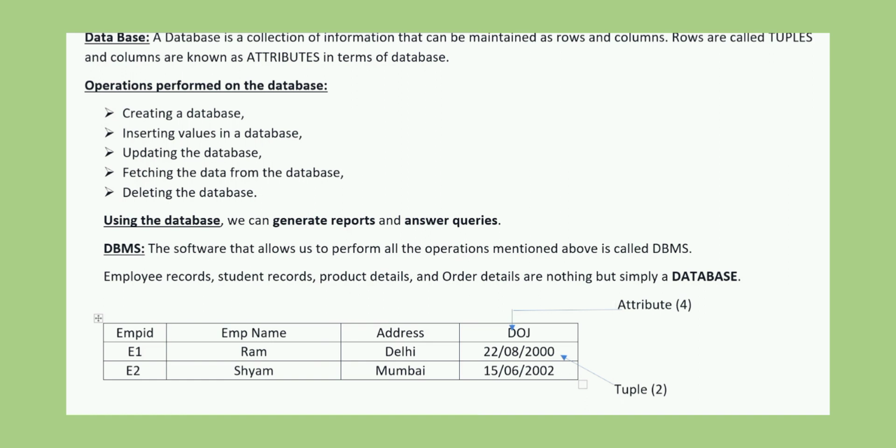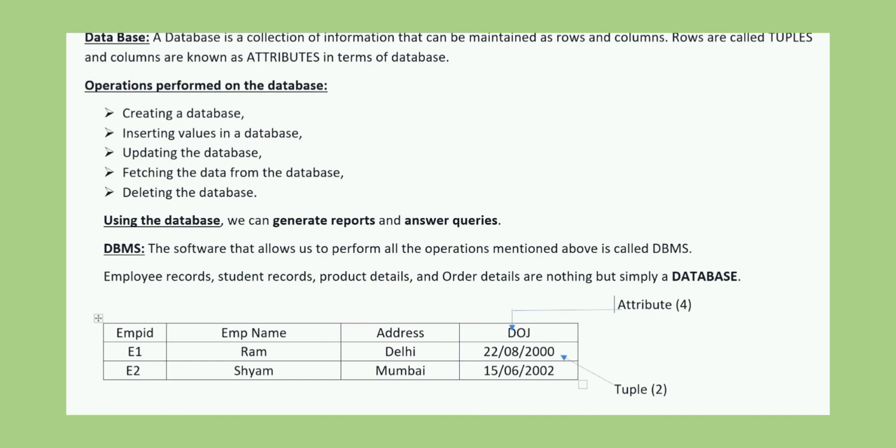As I have already told you, columns are known as attributes in terms of a database. Here I have maintained 4 attributes, but you can add many attributes in a table. For employee records, you can maintain their age, gender, designation, email ID, contact number. It depends upon you how many attributes you want to add.